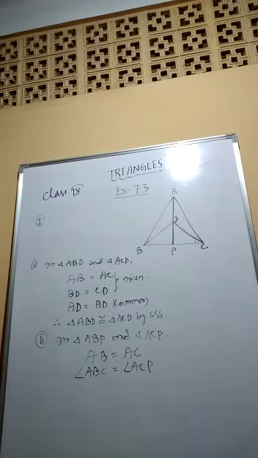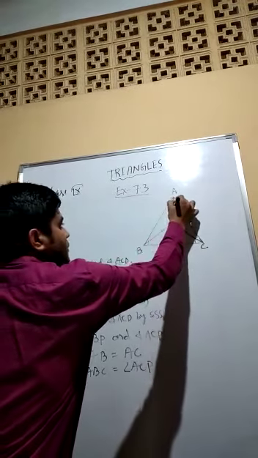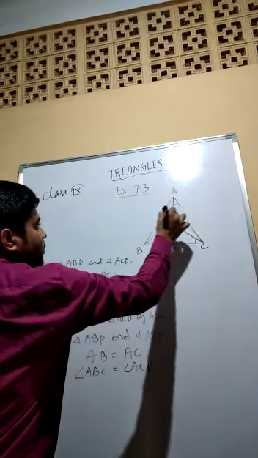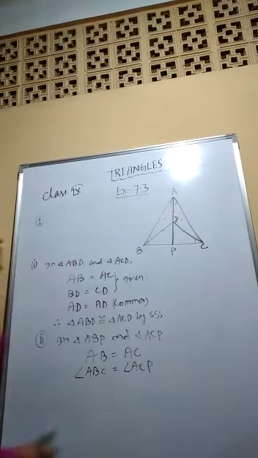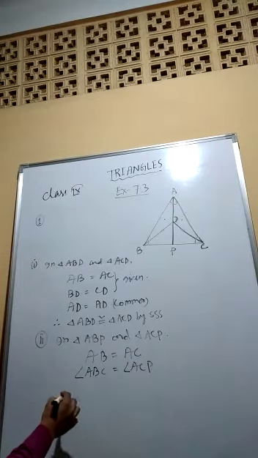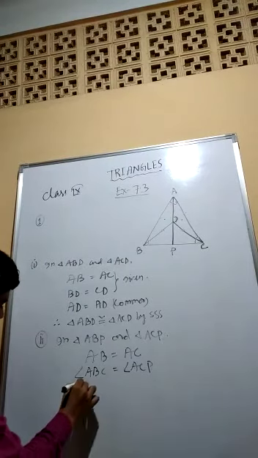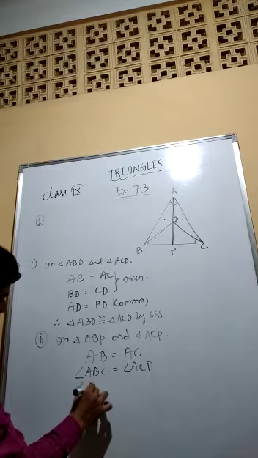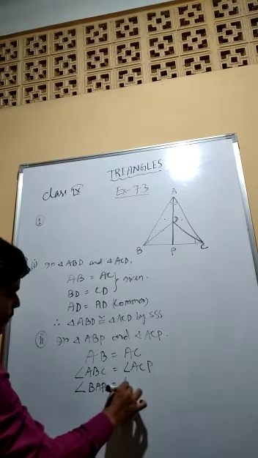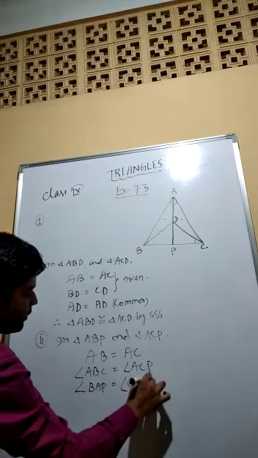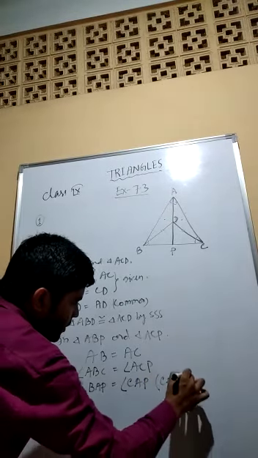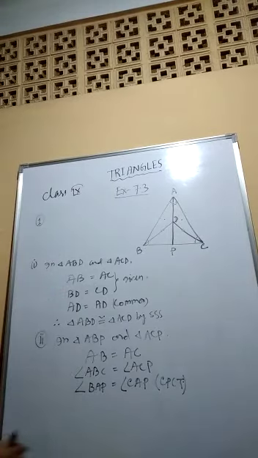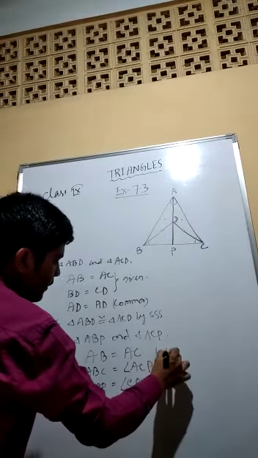And one more condition is required. We have proved these two triangles ABD and ACD are congruent, so these two angles are also equal by CPCT. So angle BAP equals angle CAP. Here you can write using CPCT. These all things are only given.